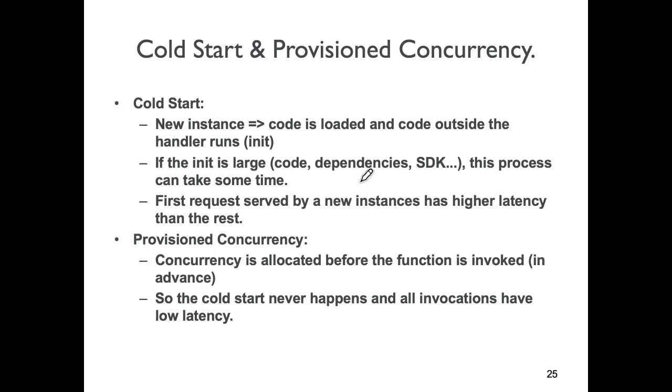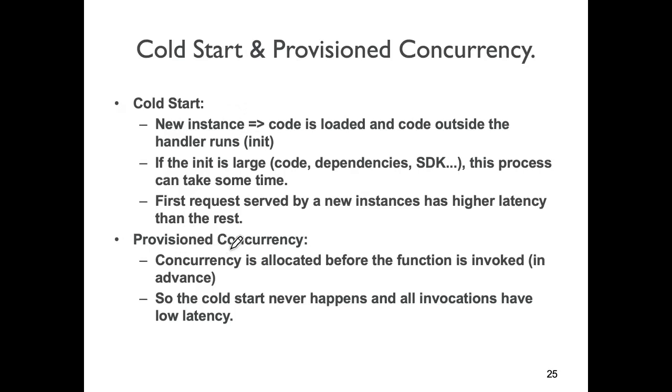But there's a significant time difference between the cold and the warm, obviously. How can you avoid these cold starts? Because they can be significant. How can you avoid them? Well, there is this thing called provisioned concurrency, which is different from reserved concurrency.